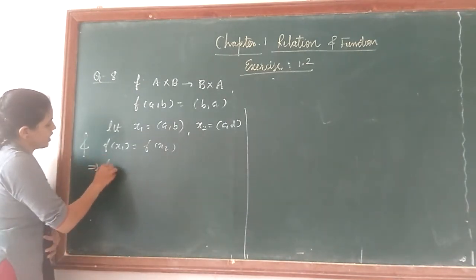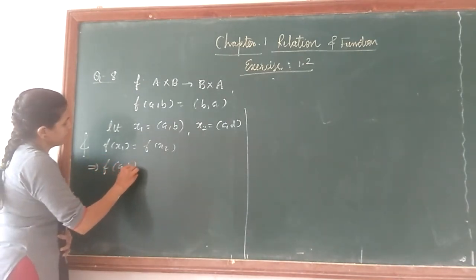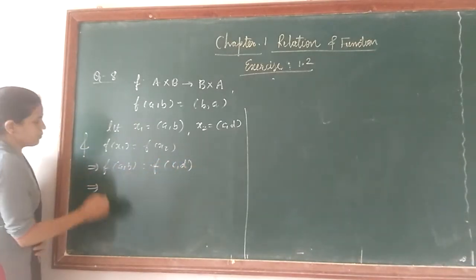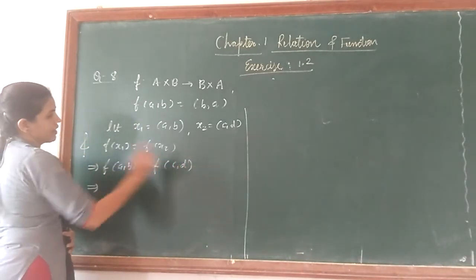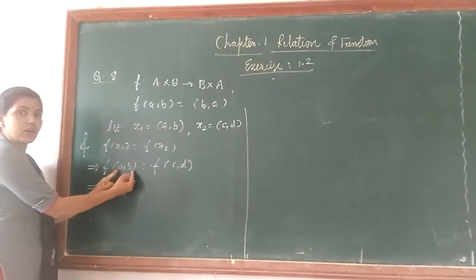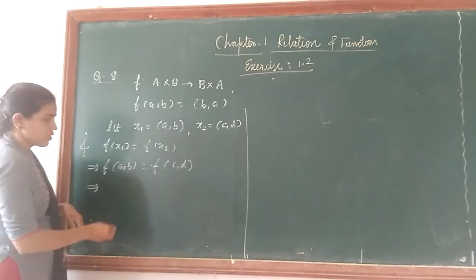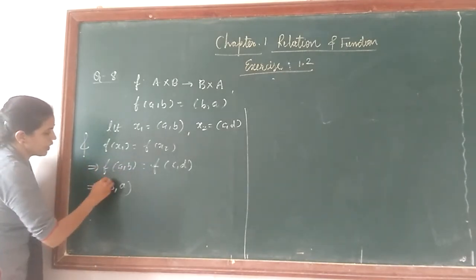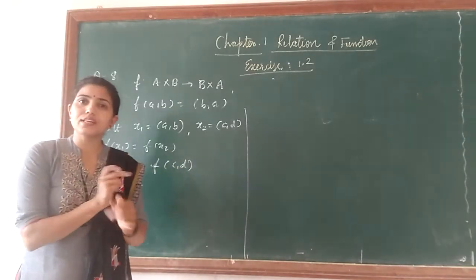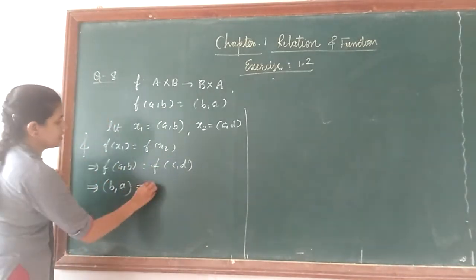That means f of (a, b) is the same as f of (c, d). What is f of (a, b)? It is (b, a). That means our Cartesian pair is reversed. So this is b comma a. And when we take (c, d), then it will be reversed, that is d comma c.